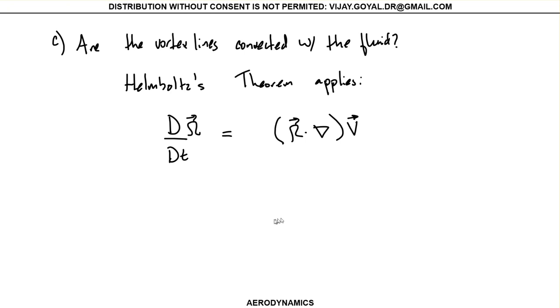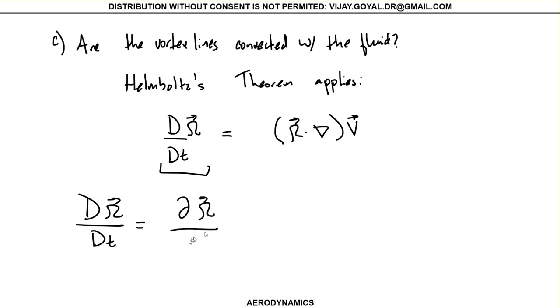So let's go ahead and do this, and let's work on this side first. I know that this side is going to equal the partial of omega with respect to time plus v dot gradient times the velocity. This term is 0 because it's not time dependent, okay, independent from time.